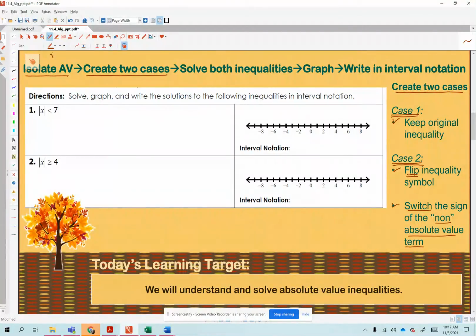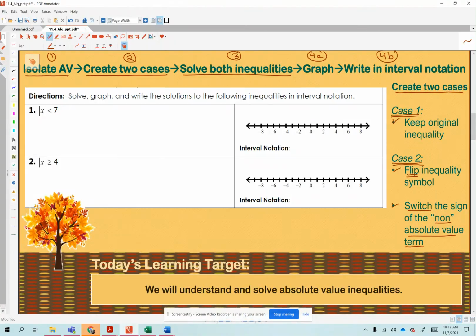So that's step 1, step 2. For step 3, we will solve both inequalities, and then we will graph them. I can call that 4A, and then we will write them in interval notation. I can call that 4B.